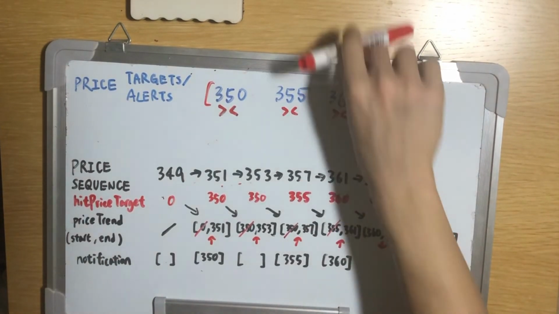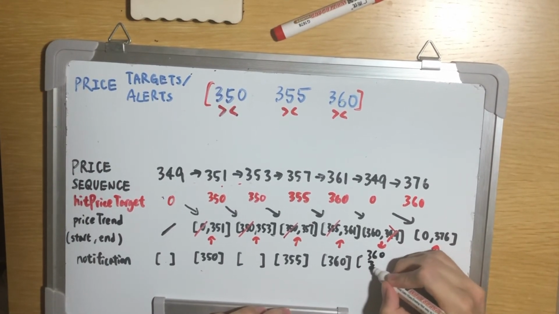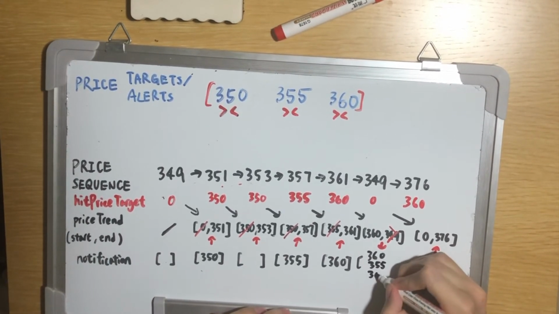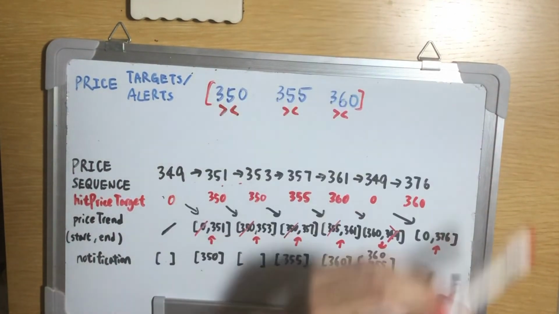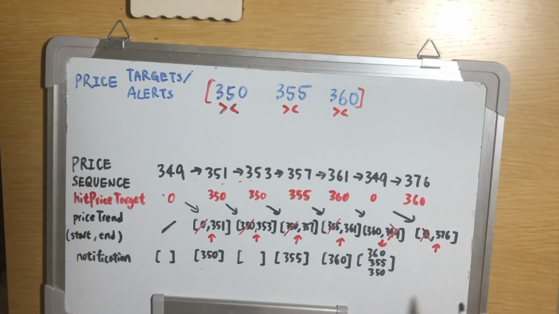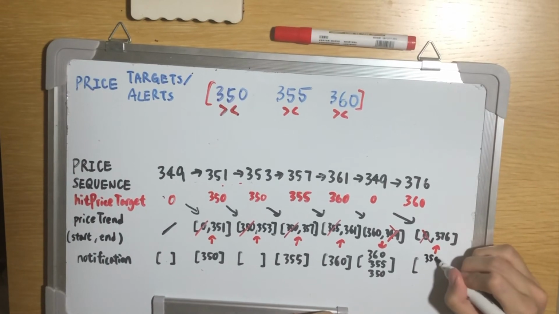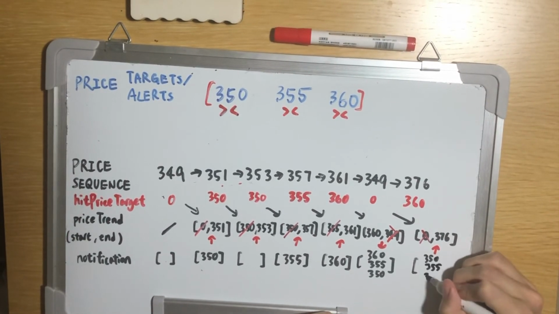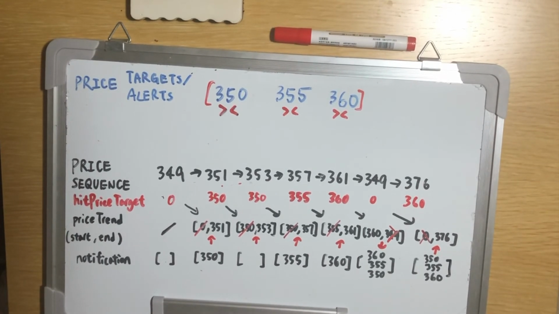Okay, so that will trigger 360, 355, and 350. And if it's increasing, then we will cross out 0, and that will hit all our price targets, which is 350, 355, and 360. So that's essentially how the algorithm works.